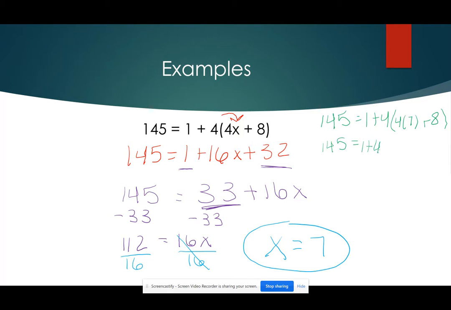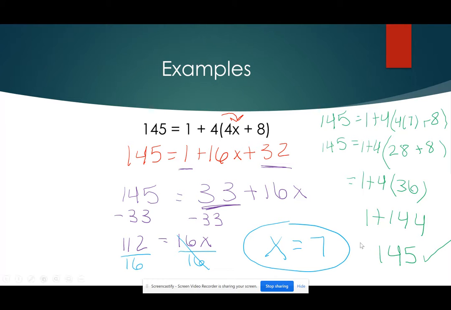You want to do what's in the parentheses first. So 4 times 7, 28 plus 8. So you get 1 plus 4 times 36, which is 1 plus 144, and it's 145. So you get 145 equals 145, so you know that 7 is the correct answer.